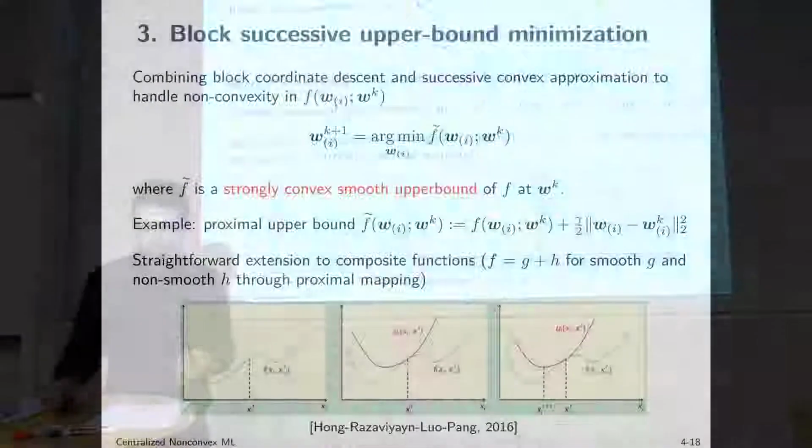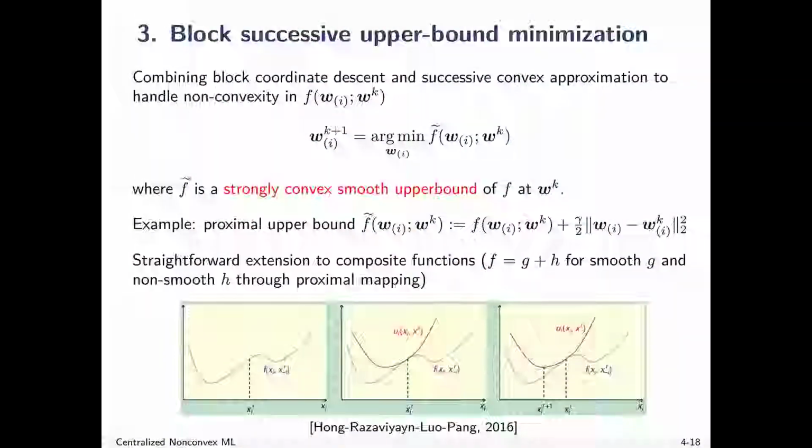What's great about this idea is that now you can really split the problem into individual coordinates. Whenever you have problems with smoothness, for example a composite function g plus h where h is non-smooth, you cannot define a derivative, you cannot find this point, and you cannot even run gradient descent, so you cannot run this BCD.